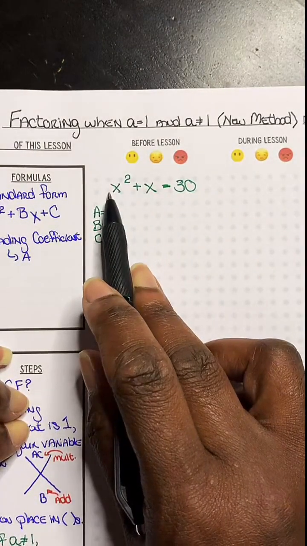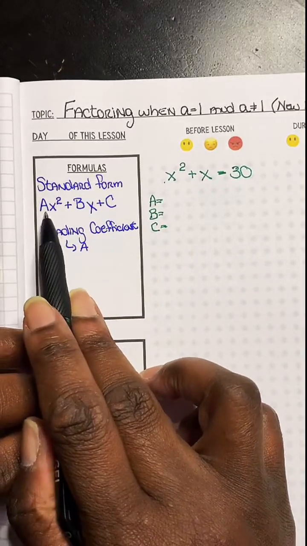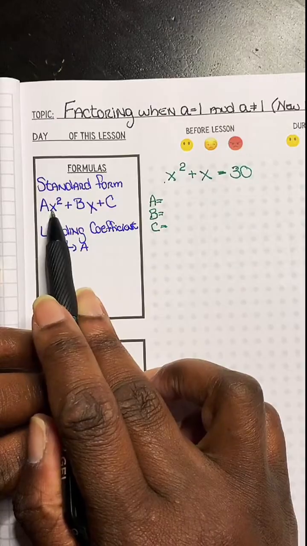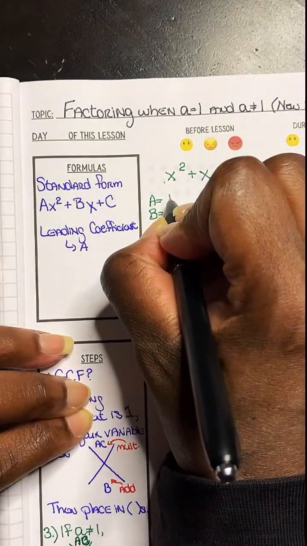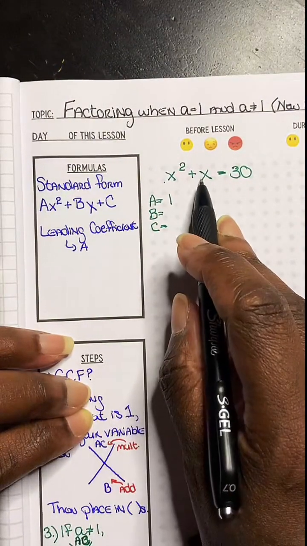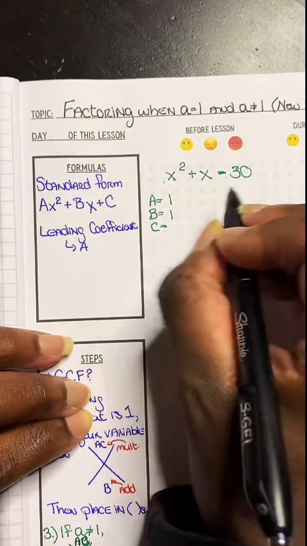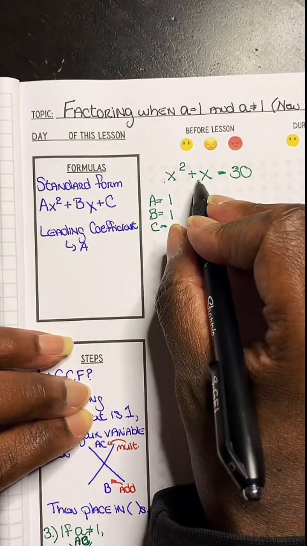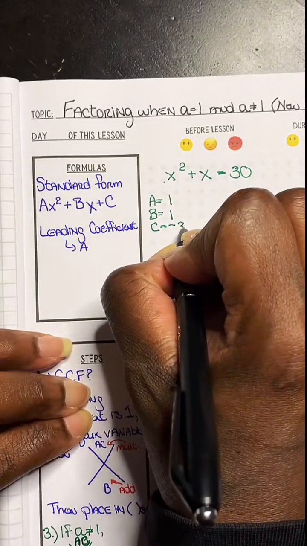So my a is the coefficient of the x squared. Remember what we said over here. My a is in front of the x squared. If we don't see anything, we assume that it's a 1. My b is the coefficient of the x, and it's a positive 1. If you don't see anything, it's assumed to be a 1 there. And my constant is a negative 30.